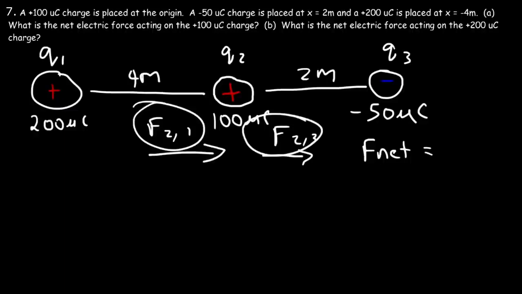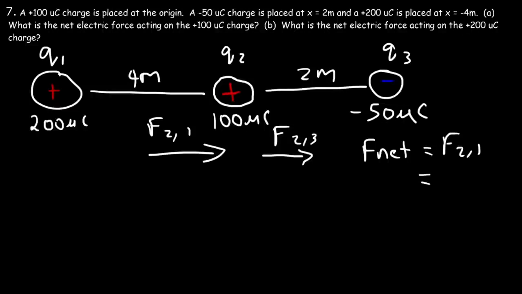Anytime you have two vectors that are parallel to each other, to find the sum of those vectors, you can simply add them. So the net force is going to be F1 on 2, plus F3 on 2, or the force exerted on 2 by charge 3. So we just got to add those two values.